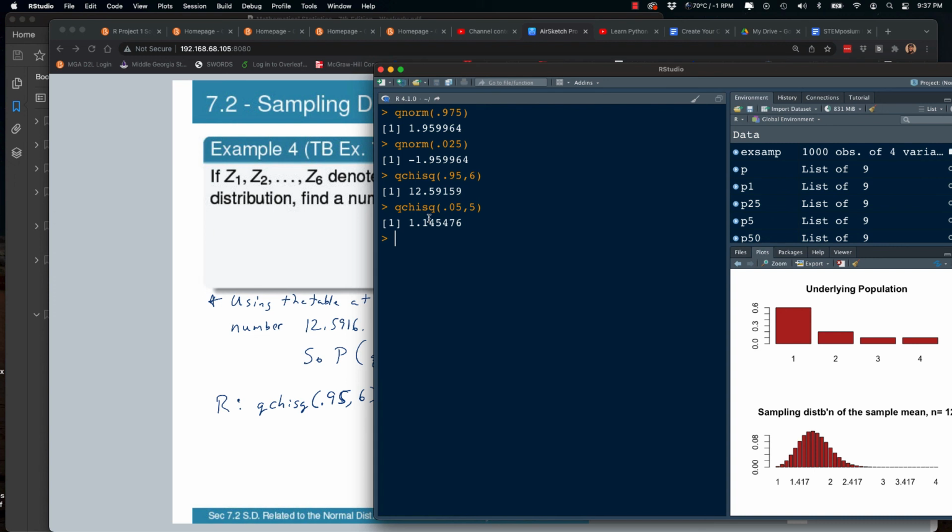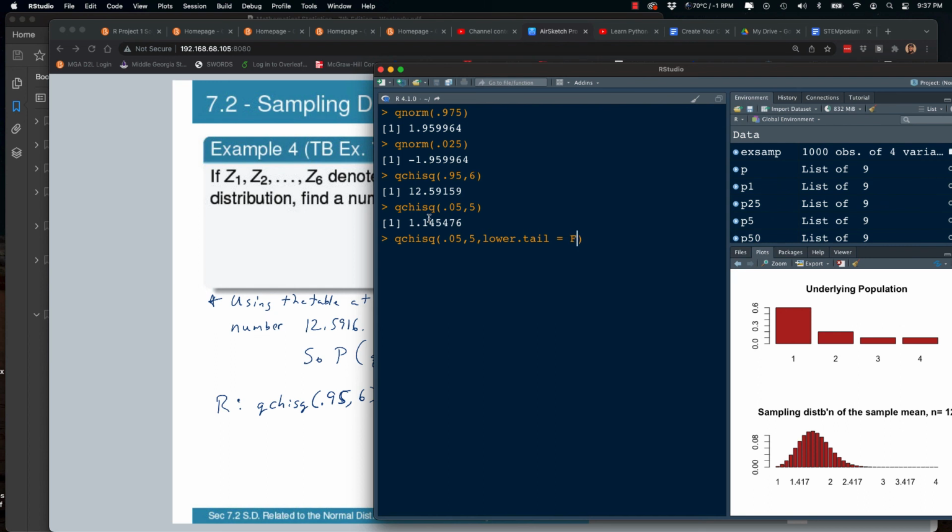That's useful sometimes if we were finding interval values where we needed both end pieces. But an alternative way to find the answer that we just got would be to keep this as 0.05, plugging in alpha, and then use the lower.tail option and set it equal to false.